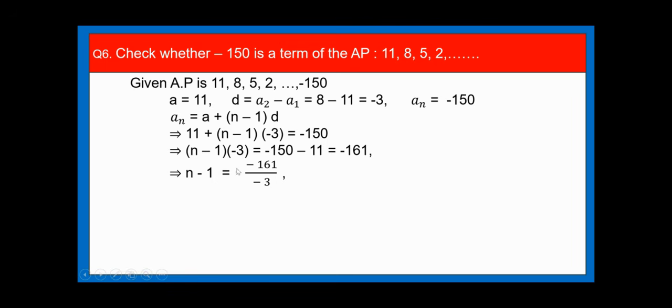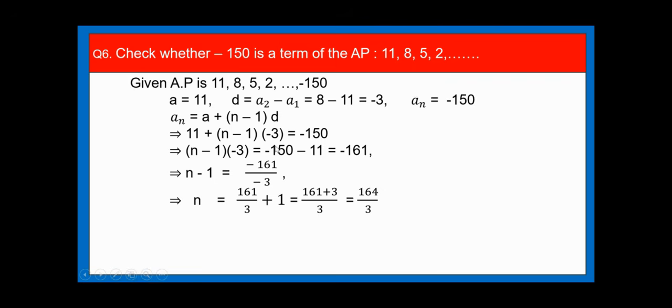Therefore, n minus 1 is equal to minus 161 by minus 3. Minus by minus is plus. And n minus 1 is equal to plus 161 by 3. This minus 1 goes to the other side as plus 1. Now take LCM. LCM is 3. 161 plus 3 ones are 3. What is 161 plus 3? Good. It is 164 by 3.